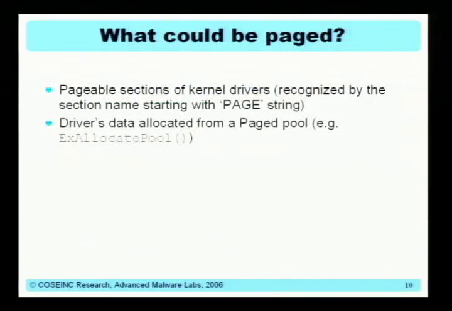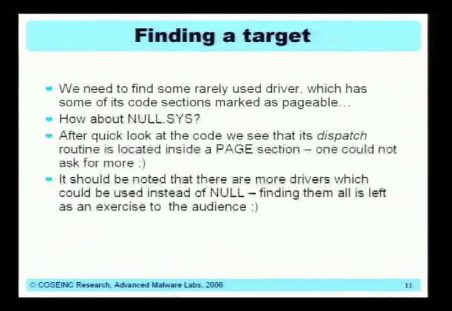And what could be paged as far as kernel mode is concerned? First, we can have all the pageable sections of kernel mode drivers, and the pageable sections are recognized by the fact that the first 4 letters of their names are PAGE. And also we can have data which was allocated from the paged pool. They can also be paged out to the page file.